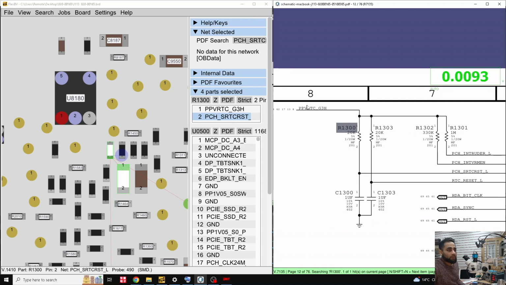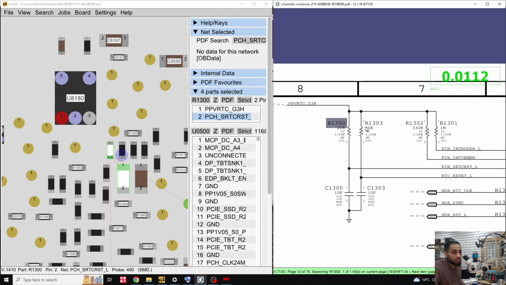We have 3.3 volt coming here on pin number 1, and it should also be here at pin number 2, unless there is a shortage, or this resistor has gone faulty and changed its value. Anything close to 3.3 should work, but if it has completely disappeared, we need to look for the reason why.